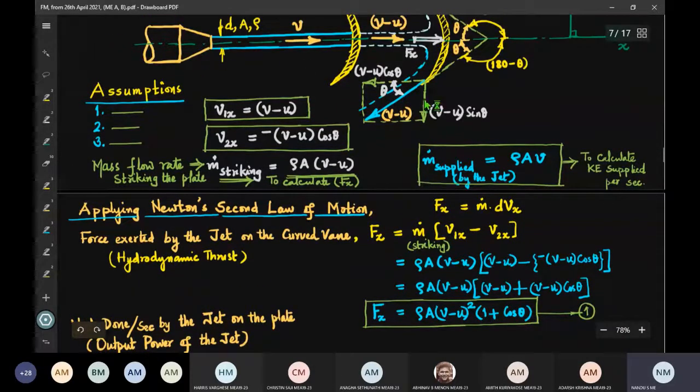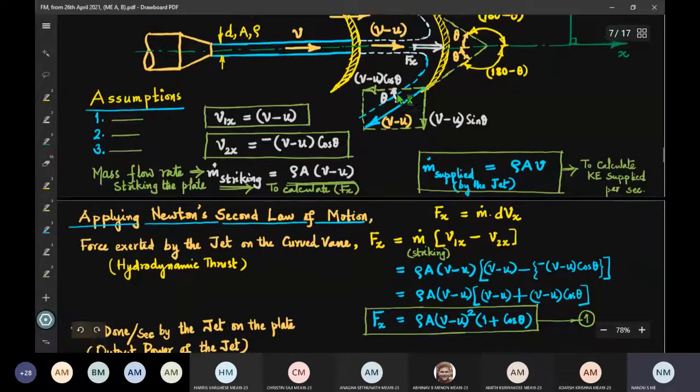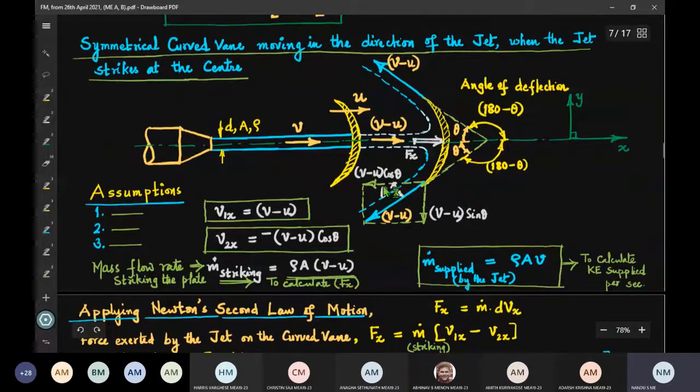Now this v minus u is the magnitude of the velocity of the deflected jet, the direction is this one, and from the diagram you can see that it is inclined at an angle theta to the horizontal. Theta is this vane tip angle. Being a symmetrical vane with respect to the axis of symmetry, this vane tip angle is the same everywhere, at all points on the outside tip.